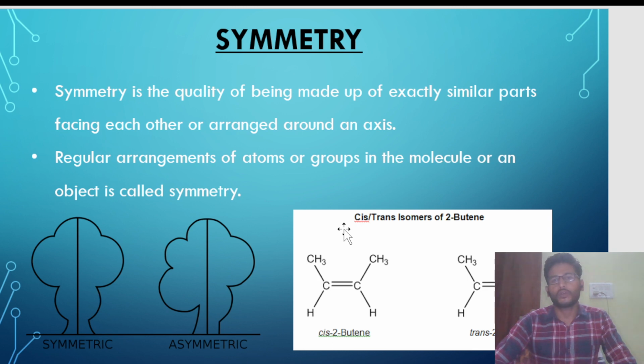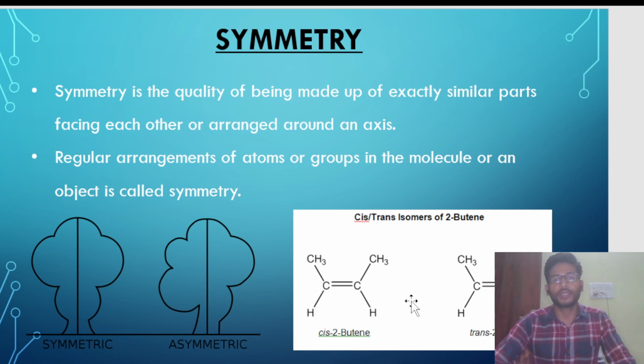We can also see the symmetry in isomers of 2-butene. First is cis-2-butene and second is trans-2-butene.